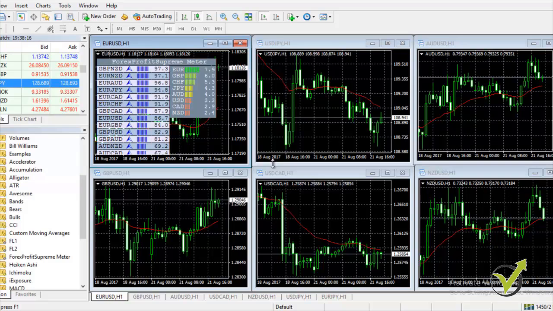The formula behind it is pretty hard, and it's very hard at this moment for us to automate it, but it's a really nice tool to have on your screen and to use for any trading system that you have, because you will always know which currency is strong and which currency is weak, and which pair to trade.